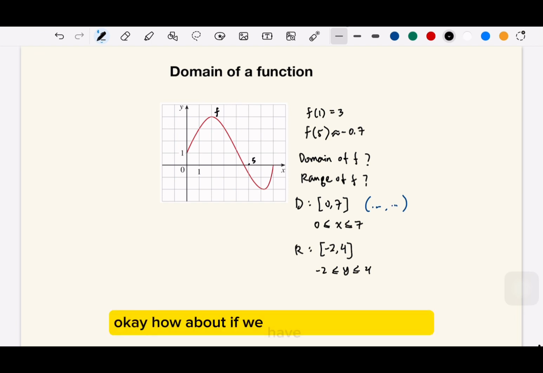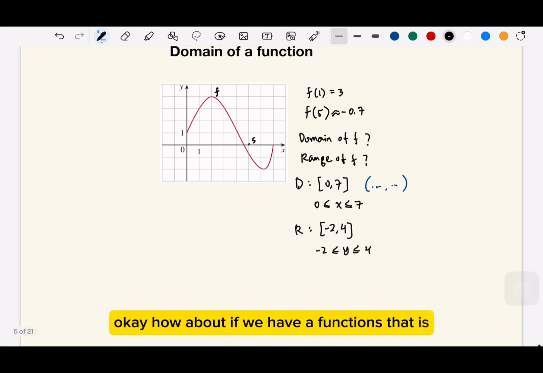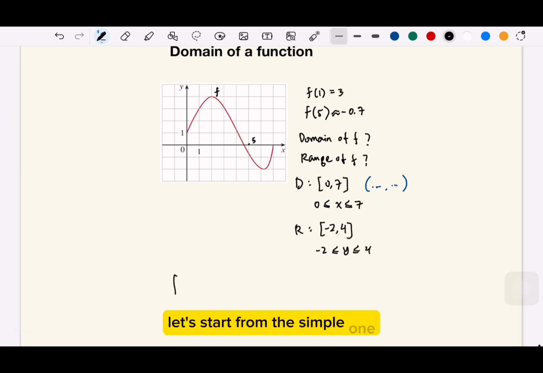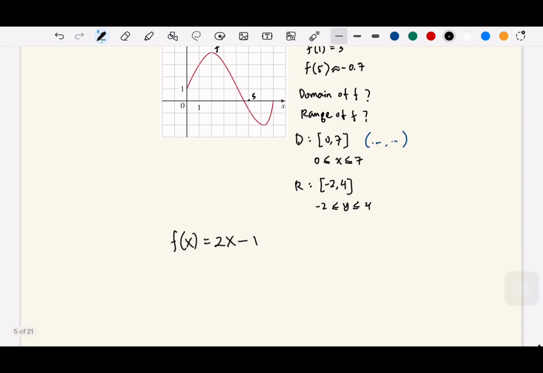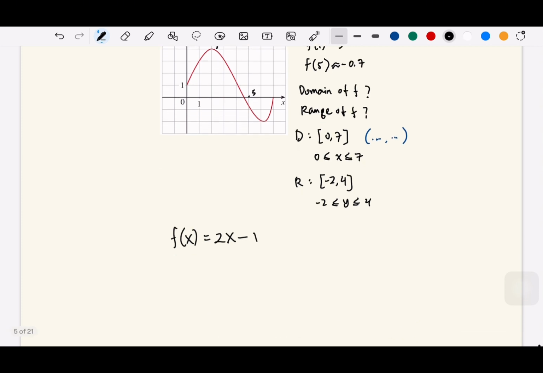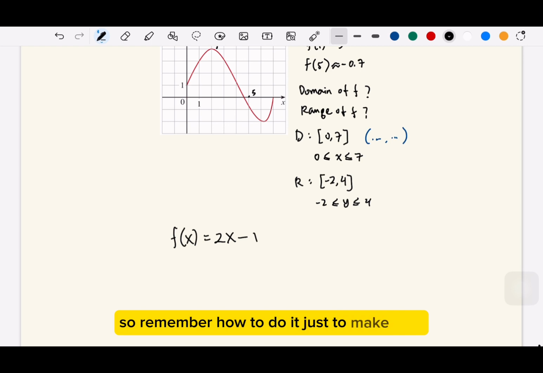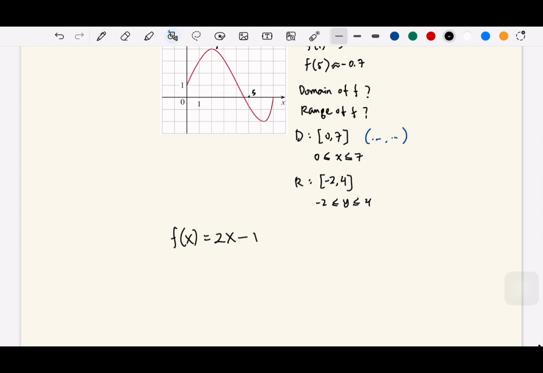Okay, how about if we have a function, let's start from the simple one. Just taking 2x minus 1. How about we start by sketching the curve? Can you do that? Still remember how to do it? Just to make sure.